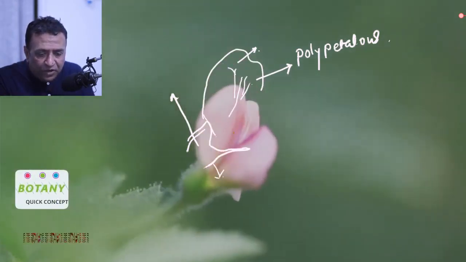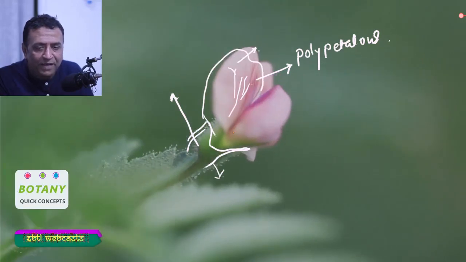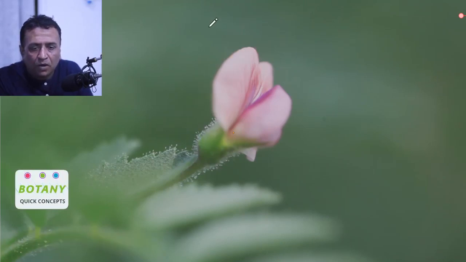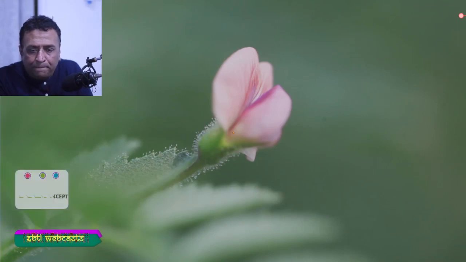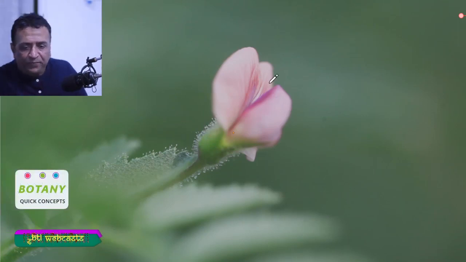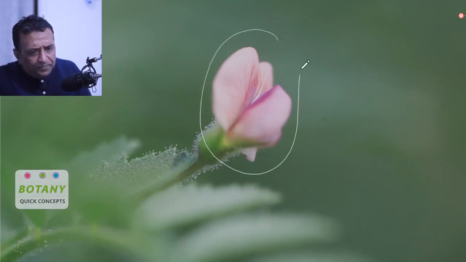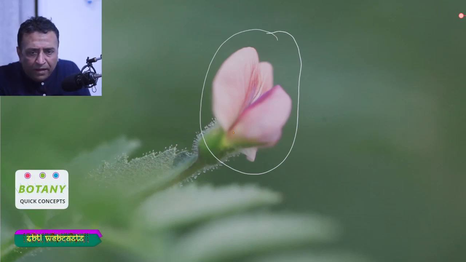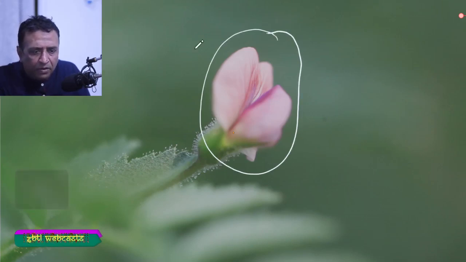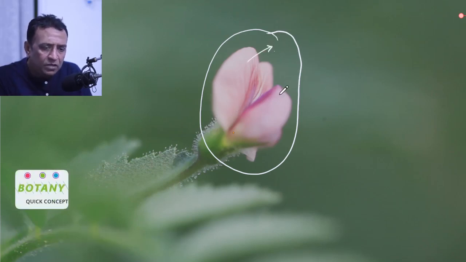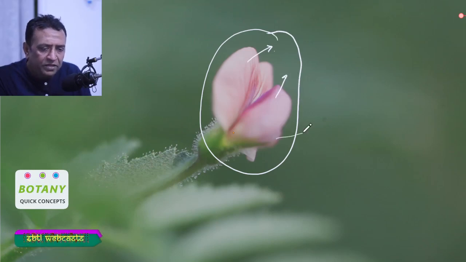Here is a typical flower of Fabaceae family, and this flower has the outermost vexillum, wings and keel.